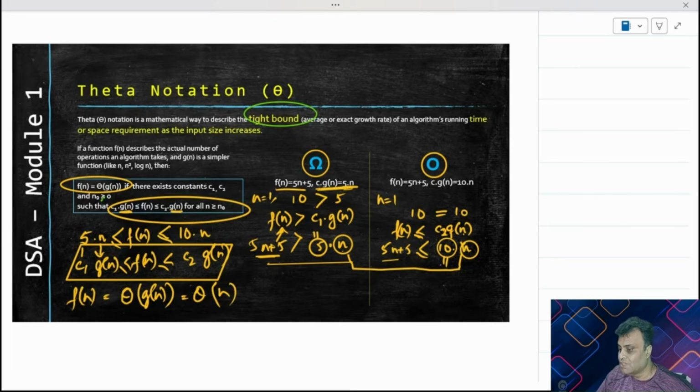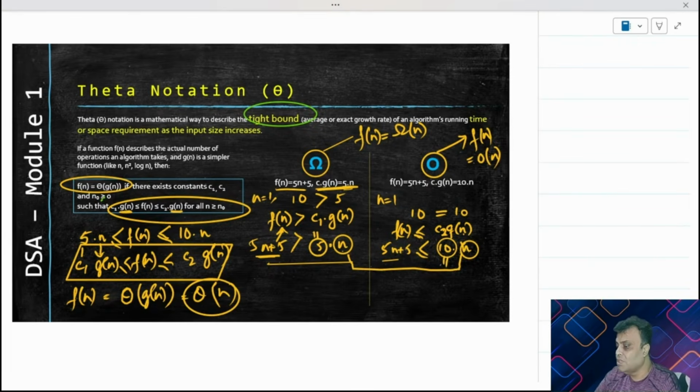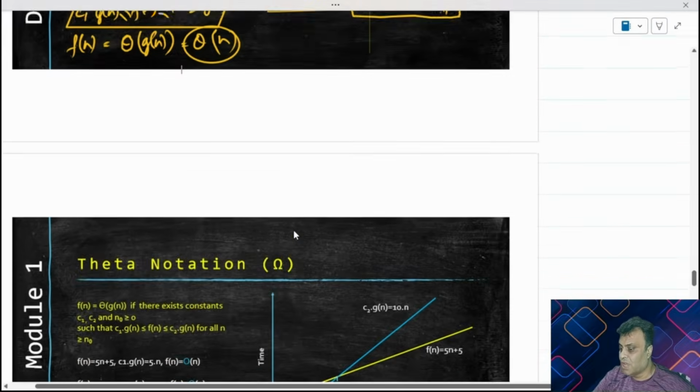So in this case, you have found that the omega representation for the function Fn is omega of n. The big O representation for this function is big O of n, and the theta representation is theta of n. So what did we find? We found that all three are actually equal for this function. And that's what I was trying to tell you.